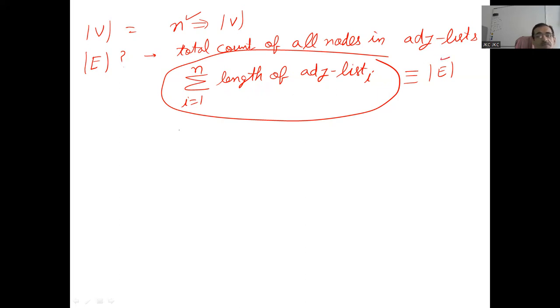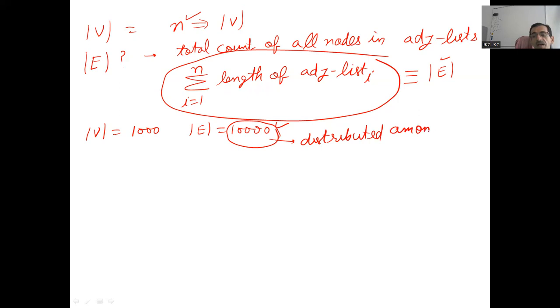For example, if V equals 1,000 and E is 10,000, this 10,000 is distributed somewhere among the 1,000 adjacency lists. Some list can have 5, some can have 0, some can have 10. So on average 10 each, but not necessarily. My analysis will consider both aspects.